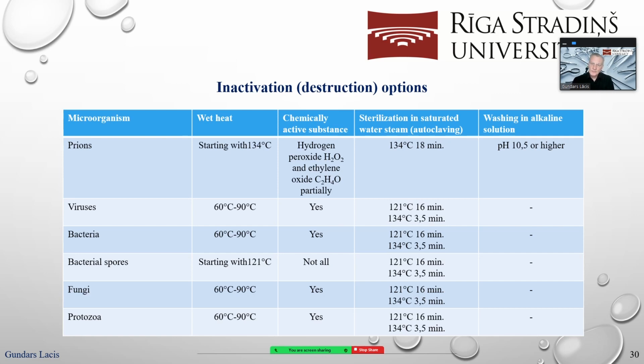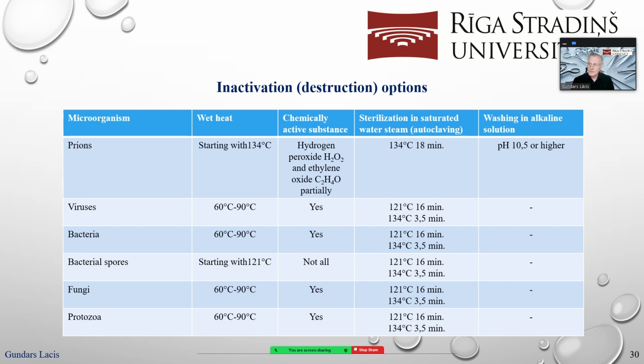About the prions, it's really tricky. It's an infectious protein, and from one point we know that it's really easy to denature proteins, but it is not working with the prions. What we can do with the prion is moist heat or wet heat.